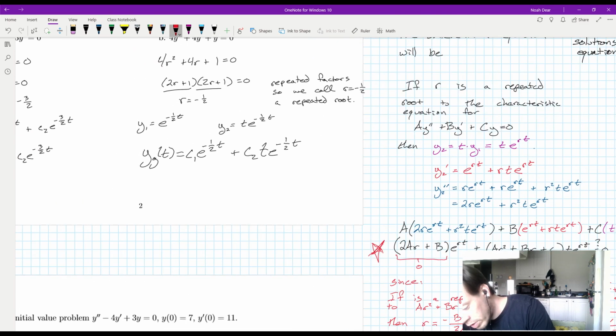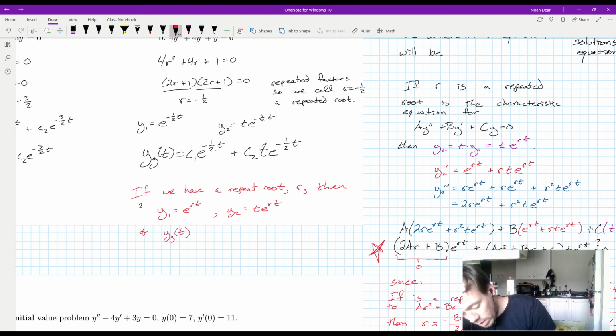And as one final note here, an abbreviation of all the explanation that I did over here is, if we have a repeated root, then y1 equals e to the rt, y2 will equal t e to the rt, and the general solution will equal c1 e to the rt plus c2 t e to the rt.